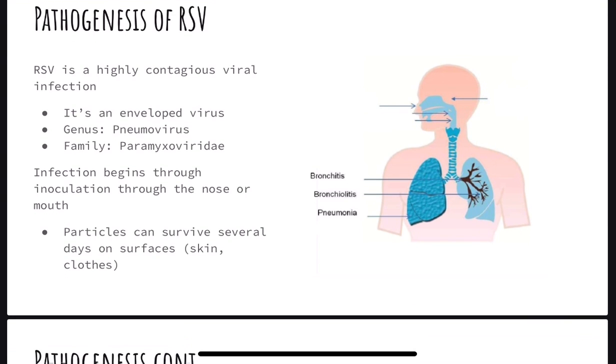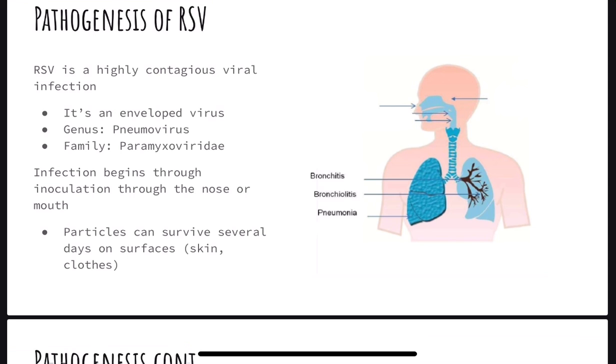Now let's look at the pathogenesis of RSV. So RSV is a highly contagious viral infection. It's, as we stated before, an enveloped virus belonging to the genus pneumovirus as well as the family Paramyxoviridae.